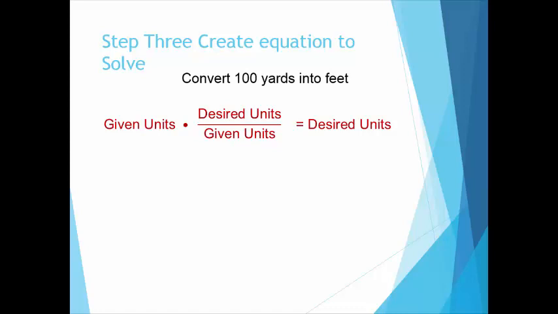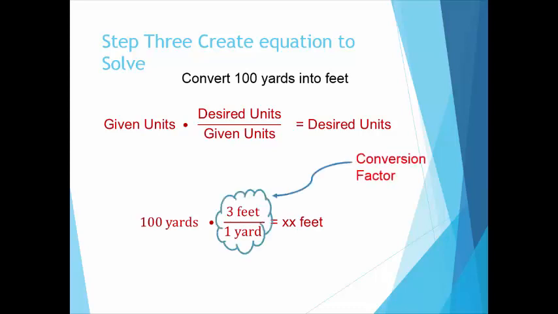That's my equation. Now let's fill in the missing pieces. What did we say our given units were? 100 yards. What's our conversion factor? Desired units, 3 feet, over given units, 1 yard. Somewhere I've got to get feet. Let's go to step 4 and check that out. But remember, that's our conversion factor, 3 feet over 1 yard.